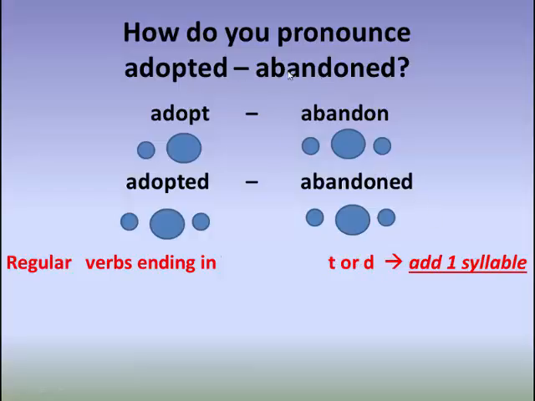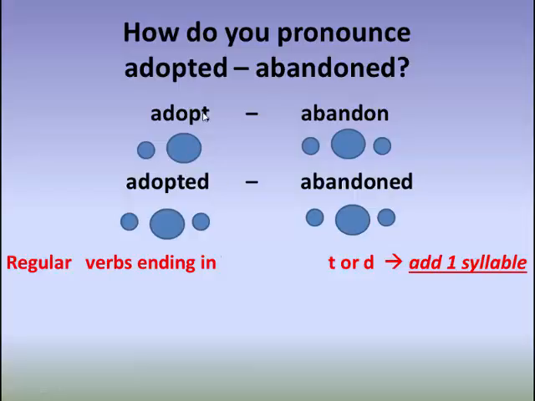Regular verbs, yes, these are regular verbs, ending in T or D. This one ends in T. Here's the T. But this one ends in N. This one does not end in T or D, so here I do not add a syllable. Here I add a syllable because the verb ends in T.